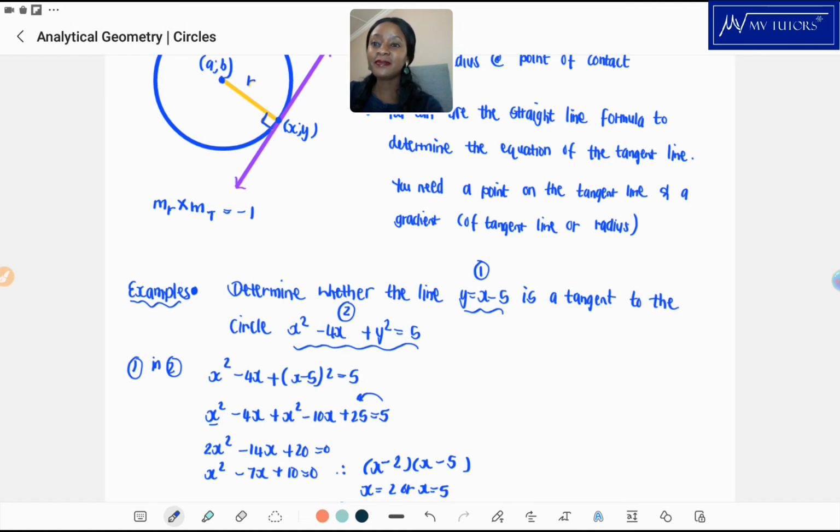But yeah, you can actually draw this. I'm tempted to draw it. But for you to get the center of the circle, you're going to have to complete the square for the x side, so that you can get the x coordinate of the center, and then also for the y as well. Well, we know that the center is actually on the y-axis.